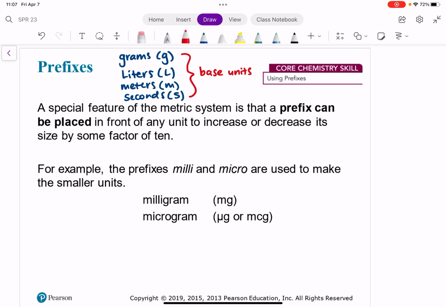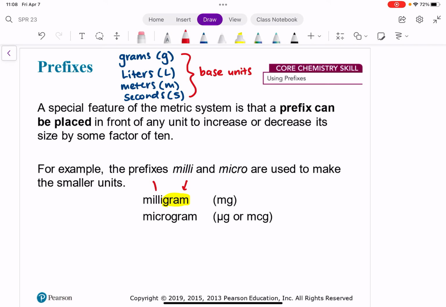in the metric system. A base unit is something that you can add a prefix to in order to change the size of the unit. So for instance, looking down here at milligrams, gram would be your base unit. That's our unit for measuring mass.